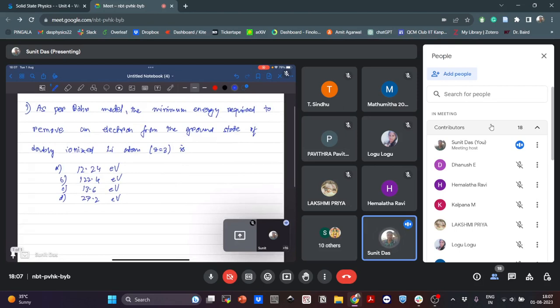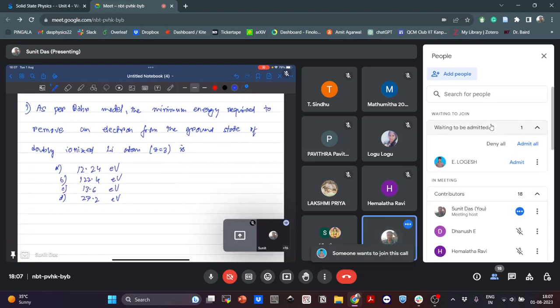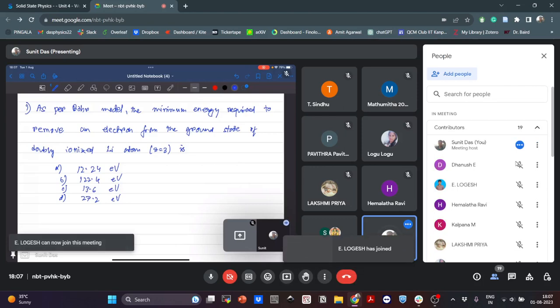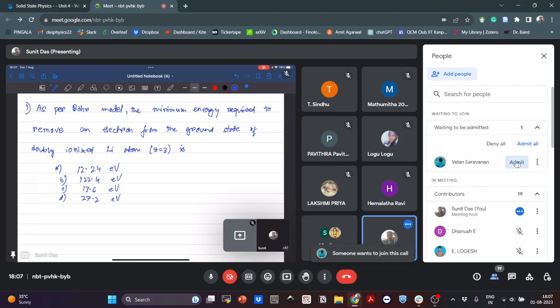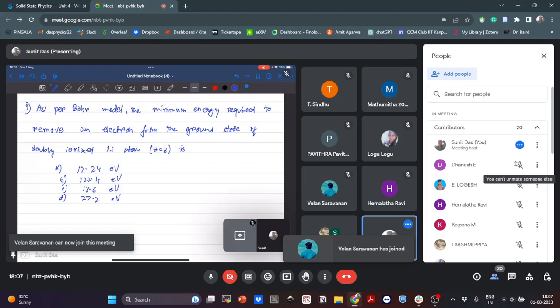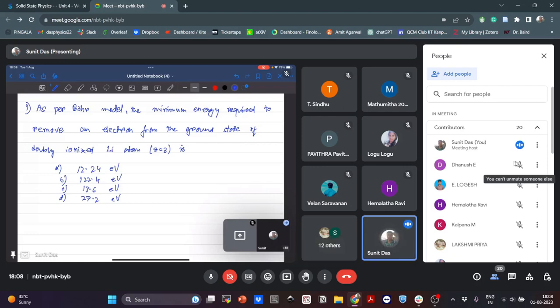The question is: as per Bohr model, the minimum energy required to remove an electron from the ground state of doubly ionized lithium atom, whose atomic number is Z equal to 3. What will be the energy, basically, the minimum energy? Please try to attend this question and then we'll discuss.